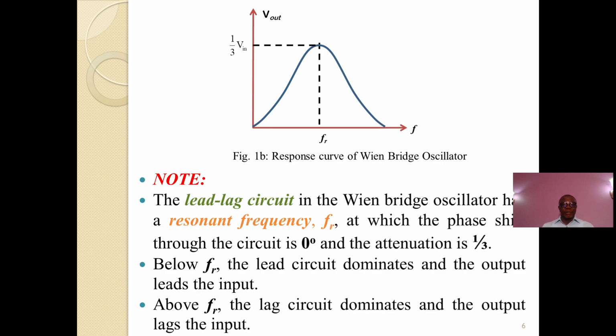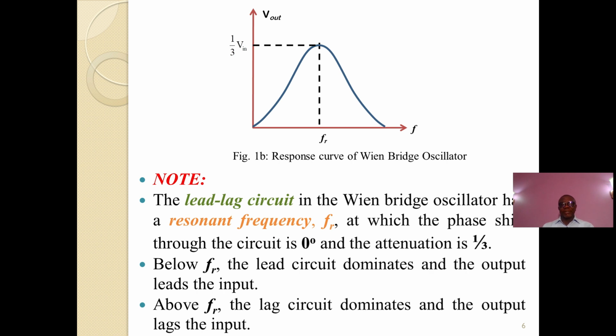So note at this point that the lead lag circuit in the Wien bridge oscillator has a resonant frequency denoted as Fr, at which the phase shift through the circuit is 0 degrees and the attenuation is 1/3.